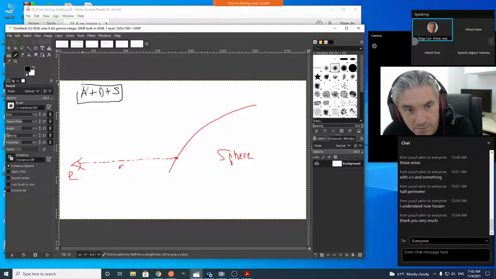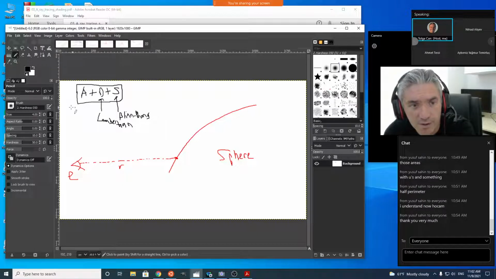Sometimes the specular part is called Blinn-Phong shading. The diffuse part is sometimes called the Lambertian component. So these are the researchers who contributed to these parts of the model. This is, I think, if I'm not mistaken, called Lambertian.